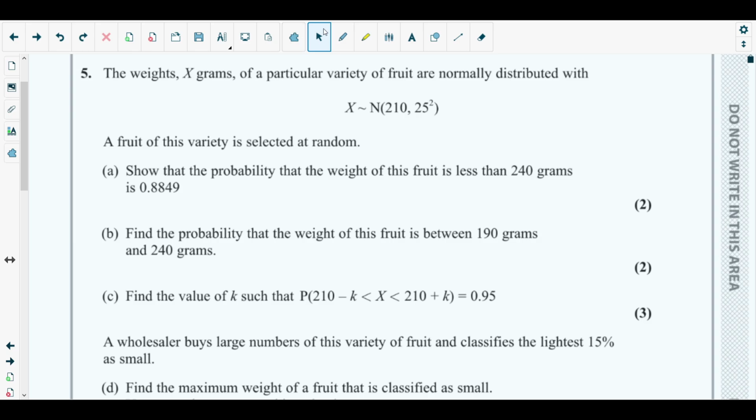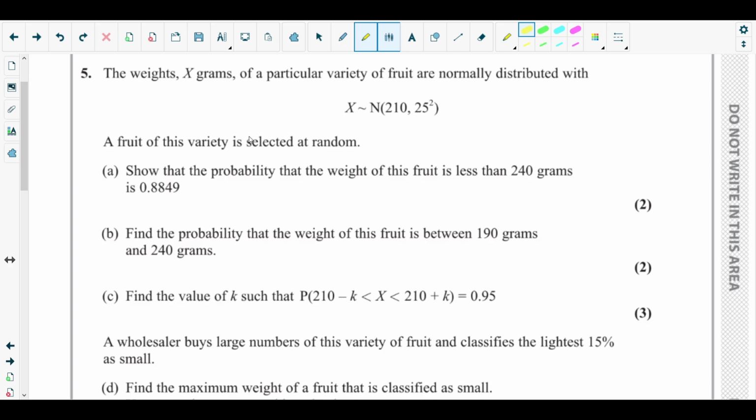The weights X grams of a particular variety of fruit are normally distributed, with X distributed normally with mean 210 and variance 25 squared. A fruit of this variety is selected at random.